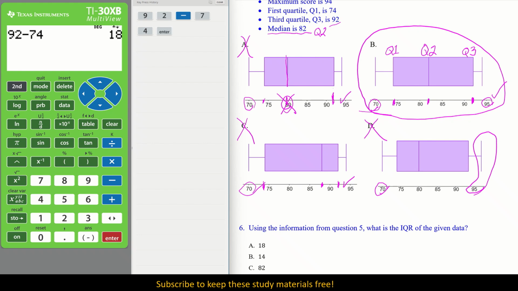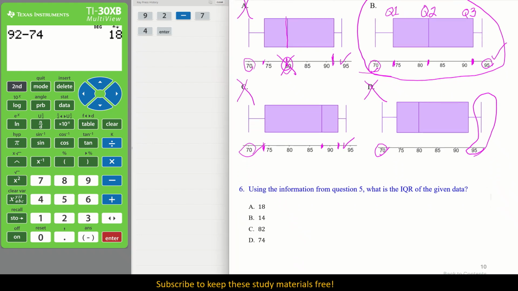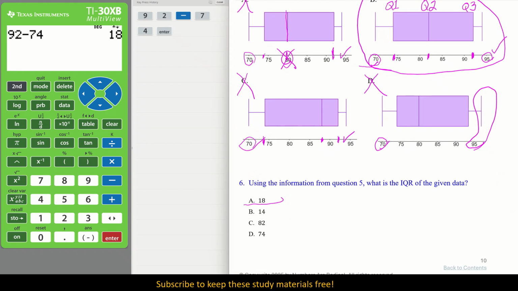And that is 18, which for us would be option A. And as I said prior in the video, if you are not familiar with or you do not remember the properties of each of those charts or tables, please make sure that you're familiar with those. Okay, let's move on to number 7.